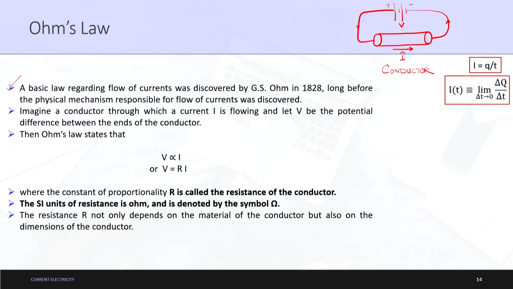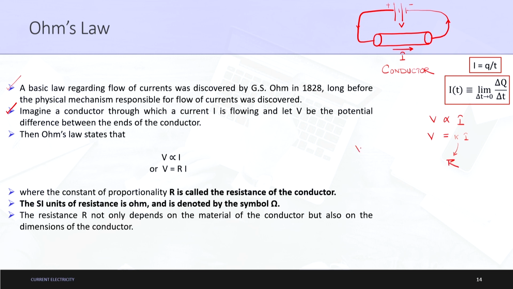Now, Ohm's law states what? Ohm's law states that the potential difference is always proportional to the current passing through the conductor. That is, we assumed that V is proportional to I. If we need to remove this proportionality sign, we can just write it as a factor k times I. This factor k was called R by the prominent scientist Ohm.